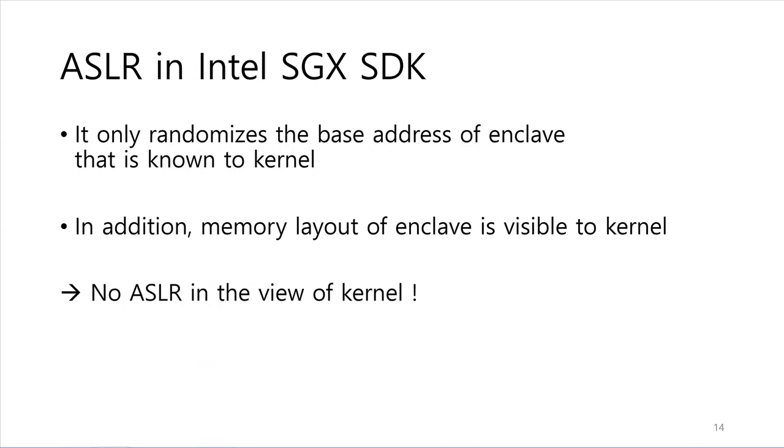However, it is also known to the kernel, because the instruction for creation of the enclave is executed by the kernel, and it requires the base address as a parameter. So the kernel can get the information, and as I explained, the memory layout is completely visible. So as a result, although the SDK conducts ASLR, it is actually not random, but completely known to the kernel.